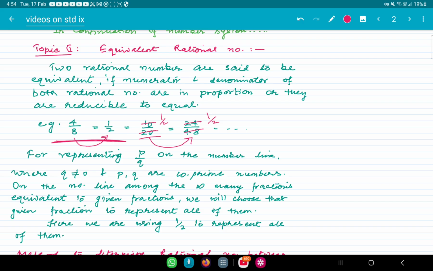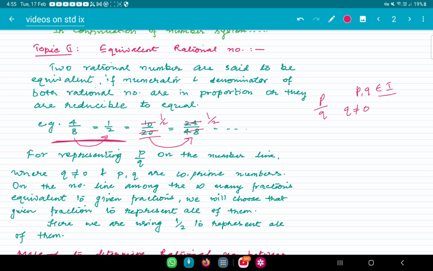So what does our definition say? The definition says two rational numbers, but first we will see what a rational number is. A rational number is p by q, where q is not equal to 0 and p and q both represent integers. They are said to be equivalent if the numerator and denominator of both rational numbers are in proportion or reducible to equal.